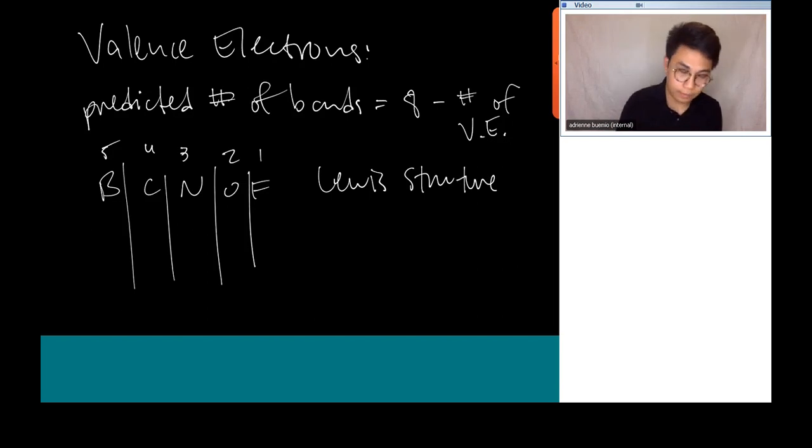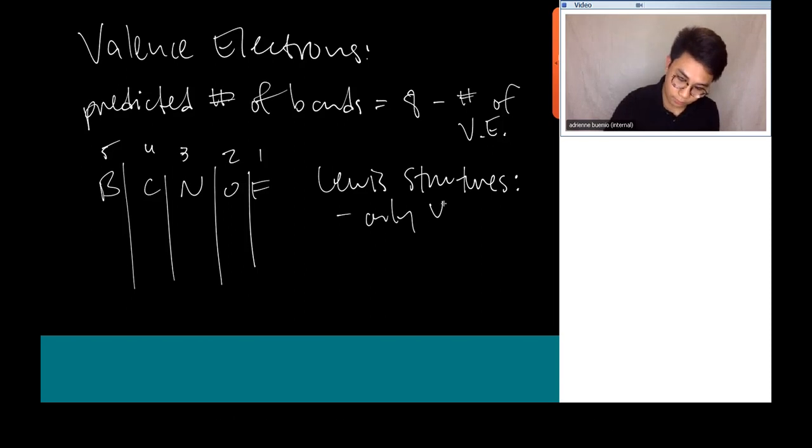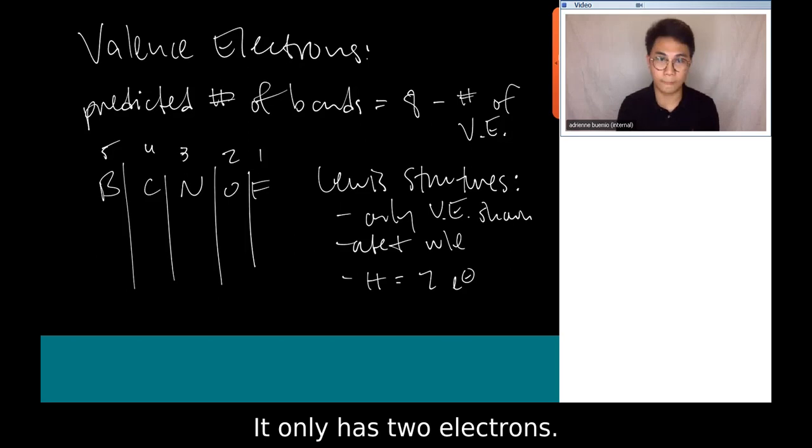To draw them, only valence electrons are shown, and the octet rule applies. Hydrogen doesn't follow the octet rule, obviously, it only has 2 electrons.